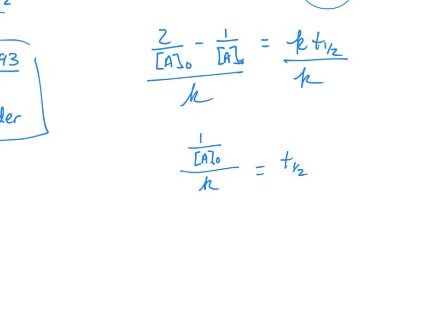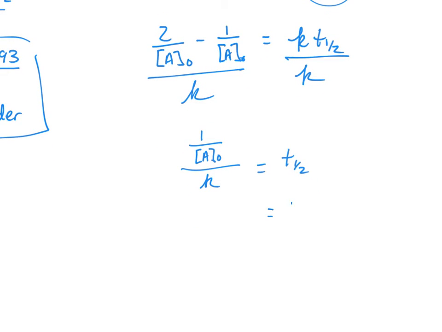Another way of writing this to make it a tiny bit prettier is 1 over A at time 0 times K is equal to T 1/2. So here you can see that the half-life, the time it takes to get to half the concentration, is inversely proportional to the initial concentration.